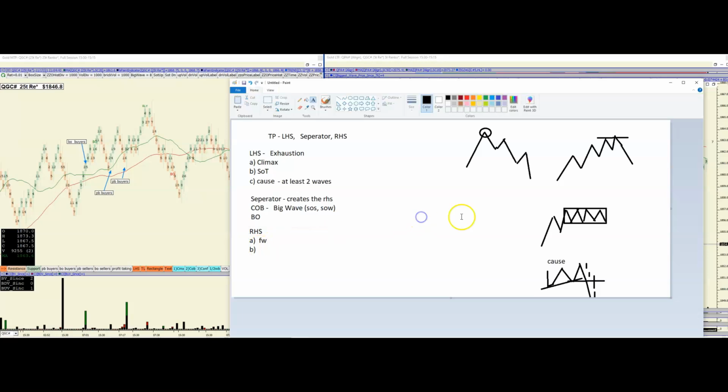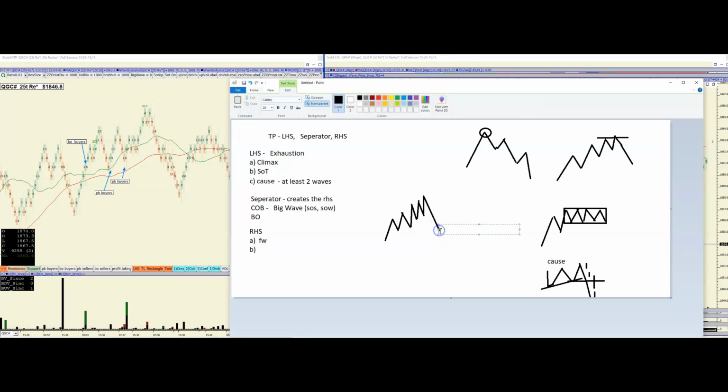So when you have a sign of weakness, it breaks these lows. I don't want it to be that much.